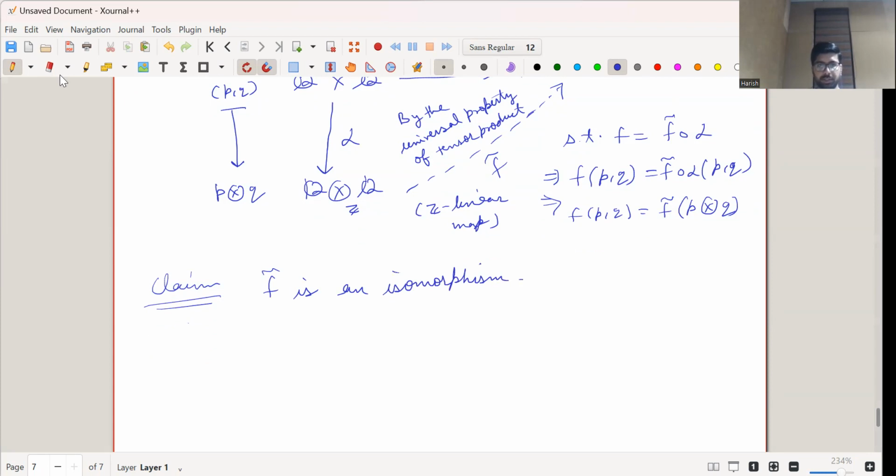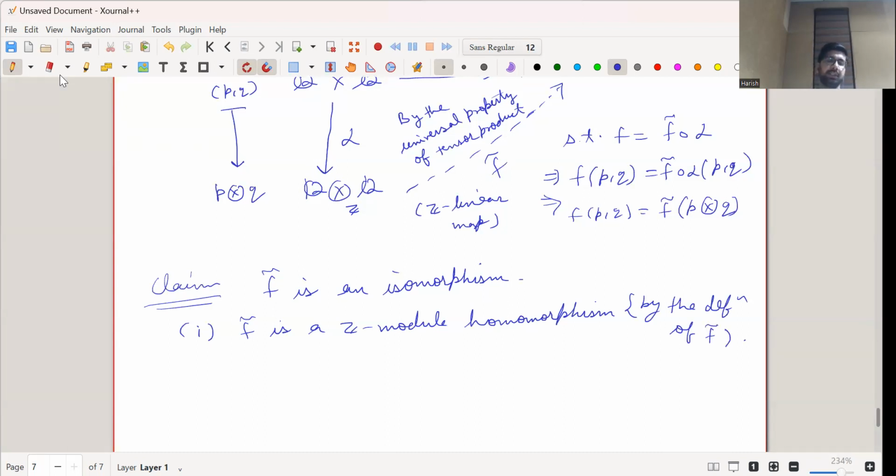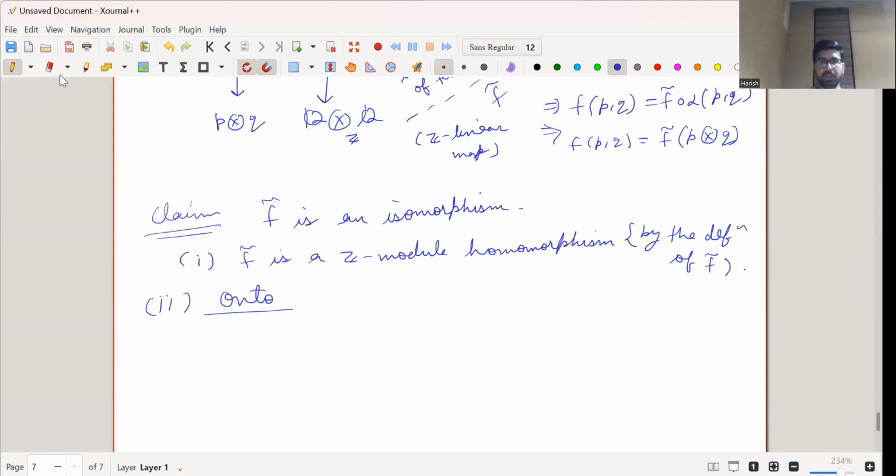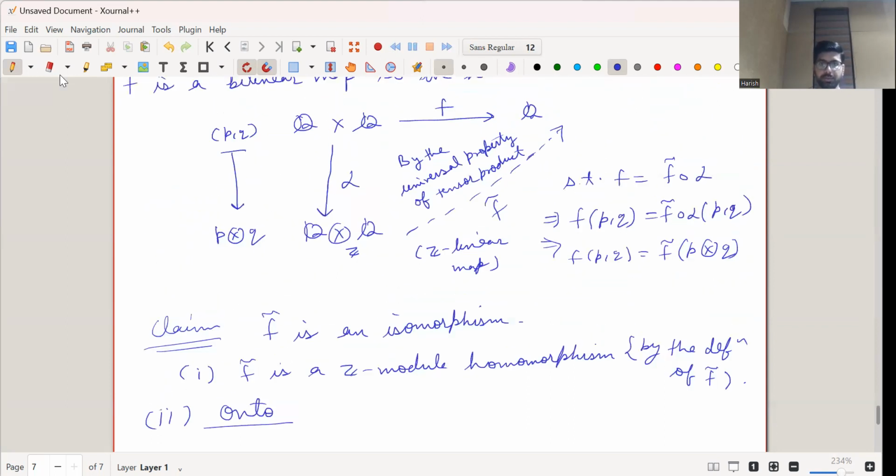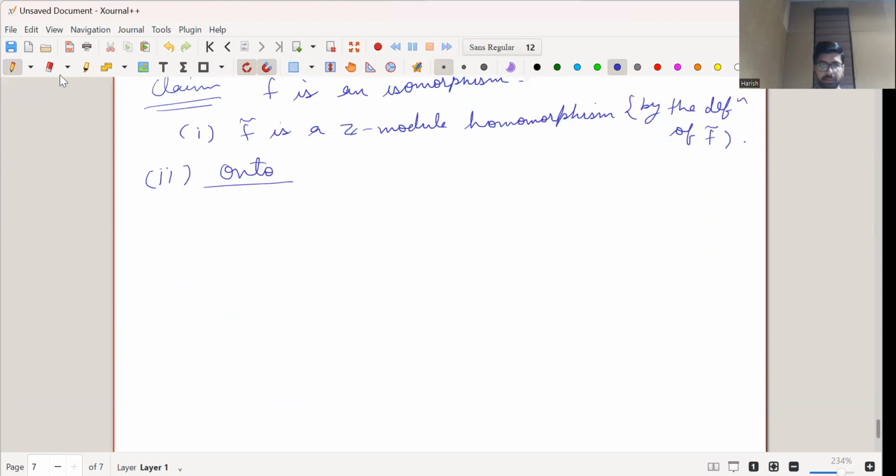First, F delta is a Z module homomorphism, and this is by the definition of F delta itself. In the universal property it is given that it's Z linear, that is, a Z module homomorphism. Second thing we will check is onto. Any element of Q, you can get a pre-image.